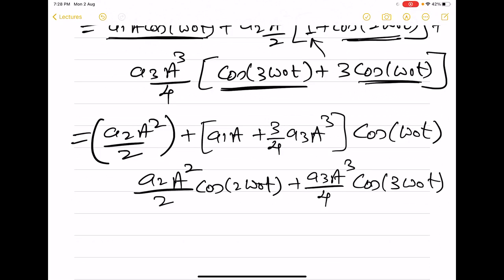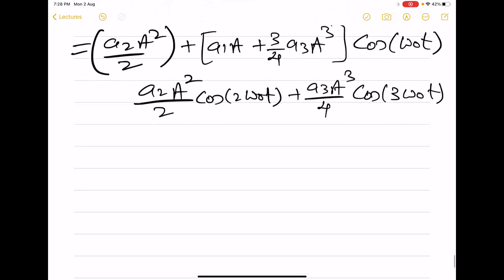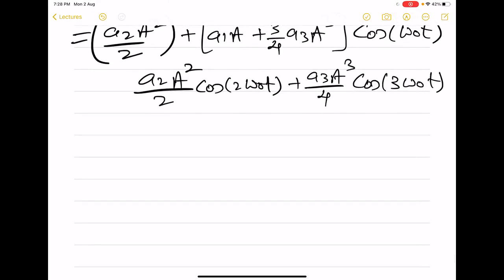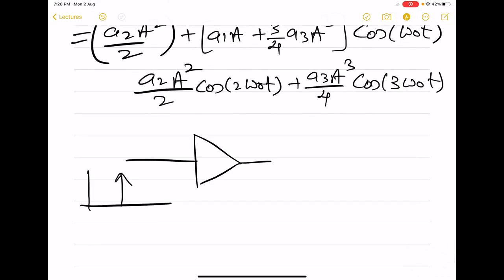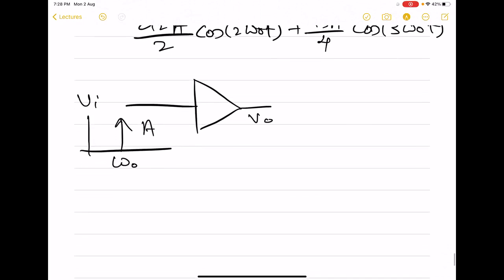So now if we see the output in the frequency domain for this amplifier, what we are feeding here is a pure sinusoid at omega naught of strength A. This is Vi. But on the output side, what we are going to get is our usual fundamental at omega naught.